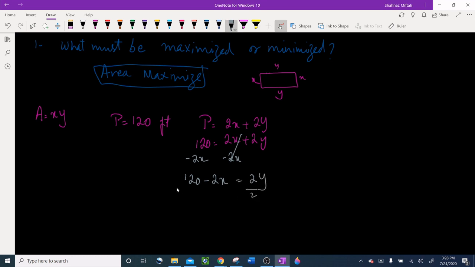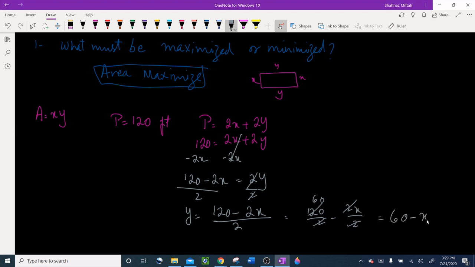Now you divide by 2 on both sides. So my y is equal to 120 minus 2x over 2. I got the y by itself. Now I can solve this further, I can separate the fractions. They cancel and this is going to give me 60. So technically I got 60 minus x, and that's my y.